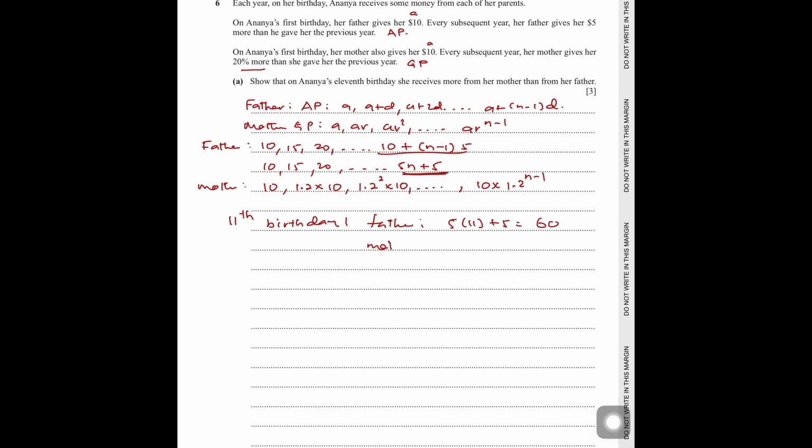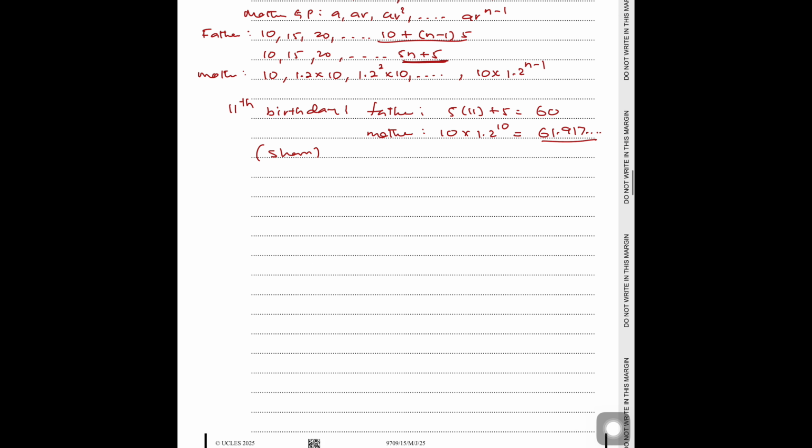And from mother she gets 10 times 1.2 to the power 11 minus 1, which is 10, which is 61.917. Shown. Mother, she got more, 61.91 something, right?